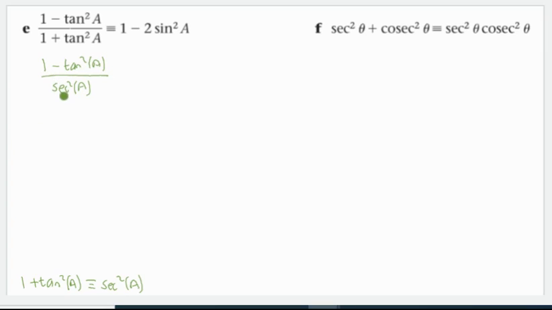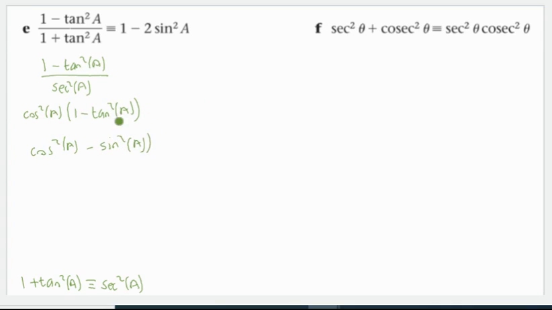Dividing by sec squared is the same thing as multiplying by cos squared because it's the reciprocal. So I have cos squared A multiplied by 1 minus tan squared A. Multiplying this out, I get cos squared A minus, well, if tan squared A is sine squared over cos squared, and that's being multiplied by cos squared, then that's minus sine squared A.